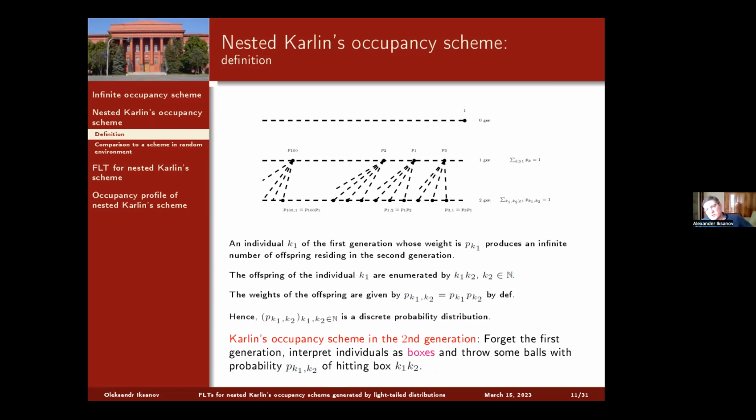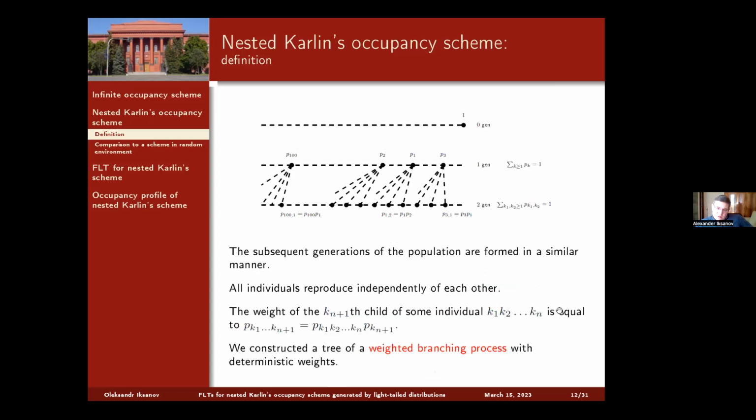And the subsequent evolution of the process is similar. Most importantly, all individuals reproduce independently of each other. This is called branching property. And the weight of the k-th child of some individual is equal to pk times the individual's weight.